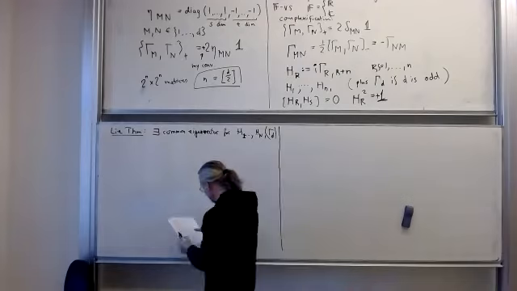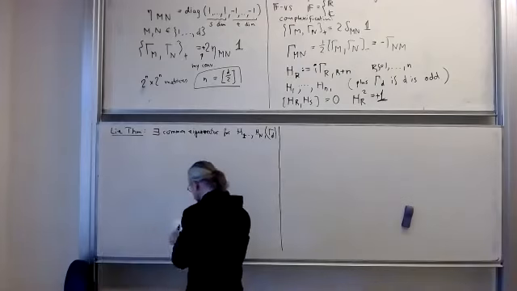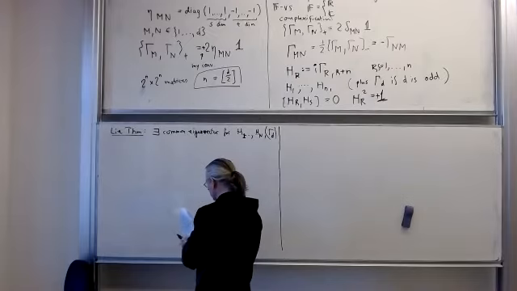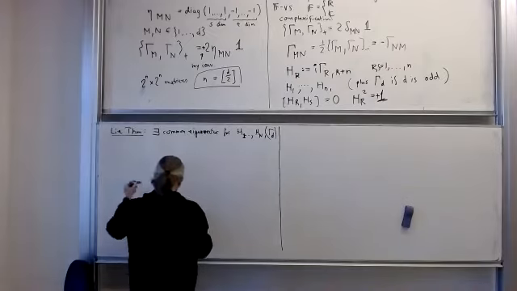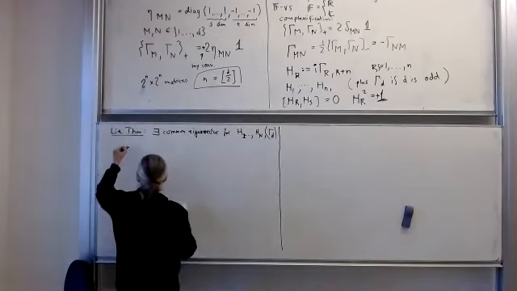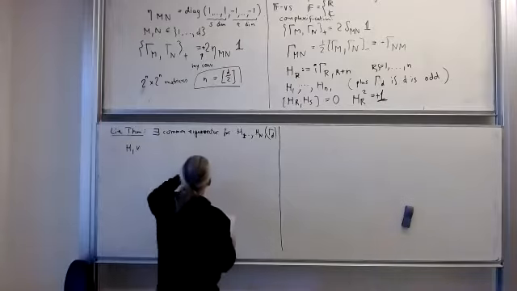So for the case of all the Hamiltonians, the h's, I know that they can only have eigenvalue plus or minus 1. So let me call the eigenvector v.